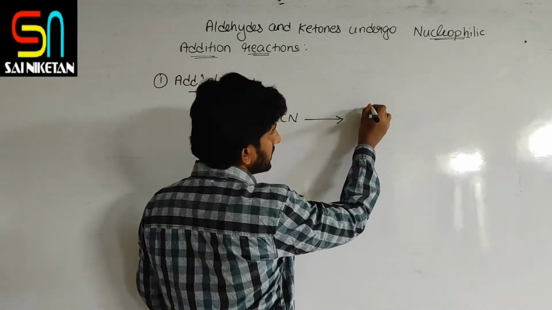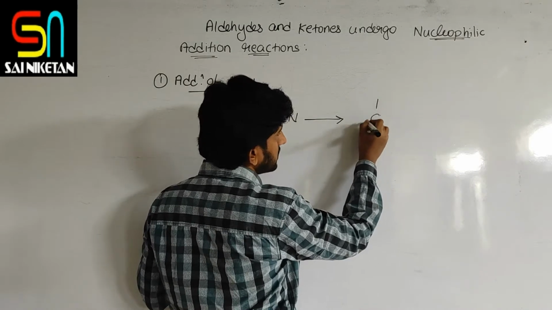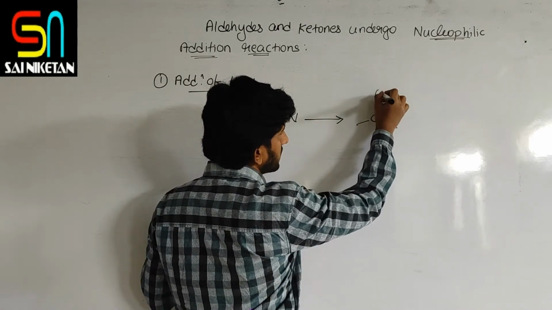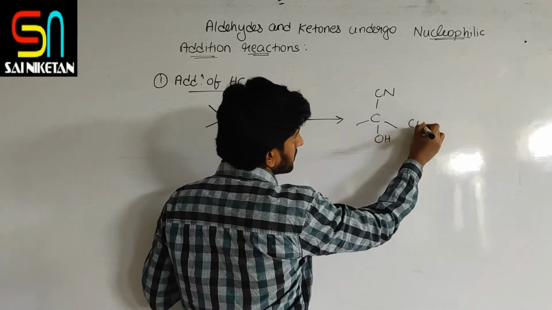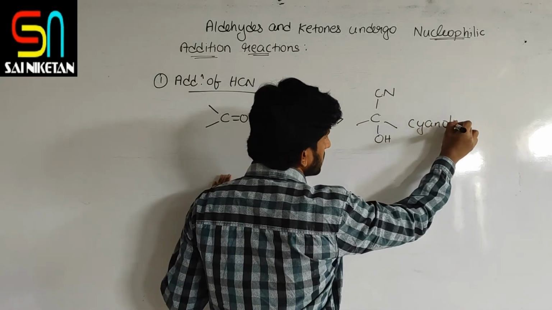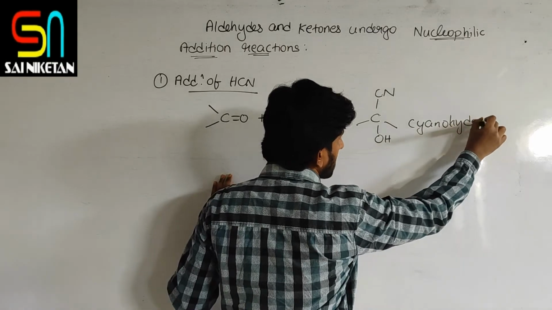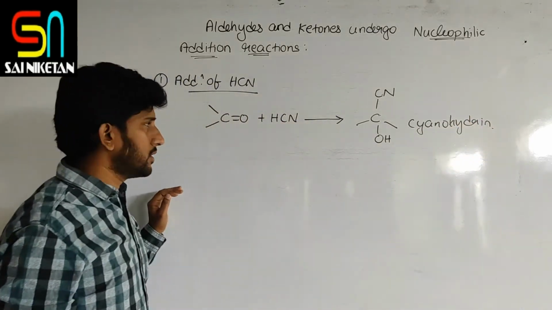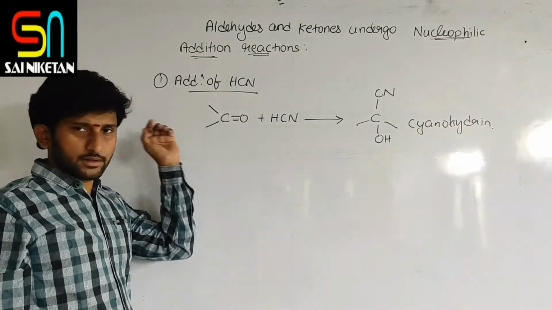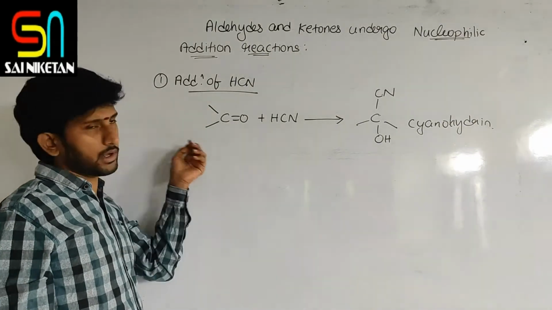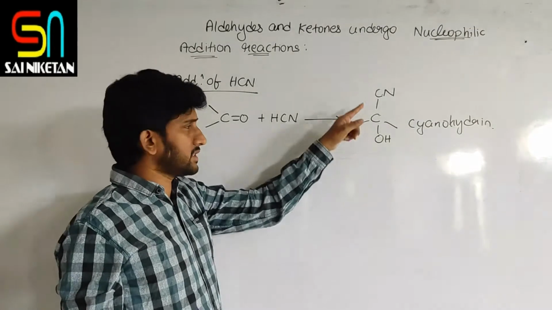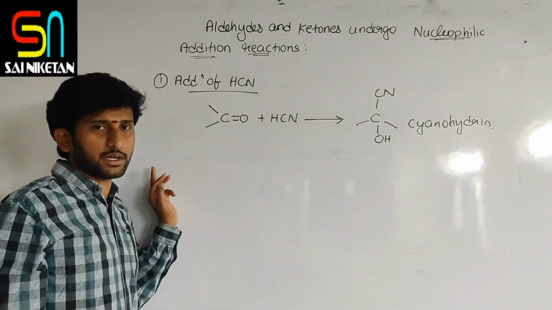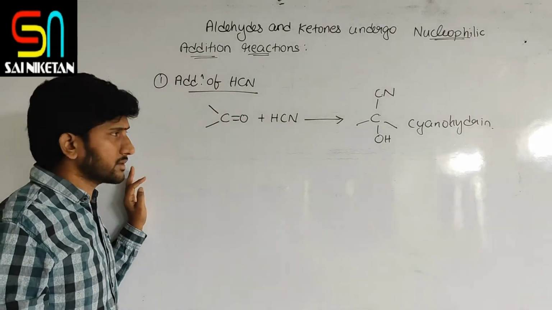The product is cyanohydrin. Cyanohydrins are compounds in which the cyanide and OH group are both on the same carbon.